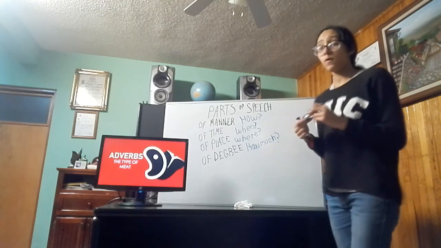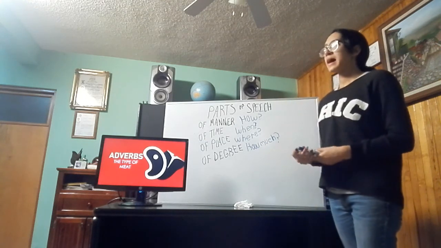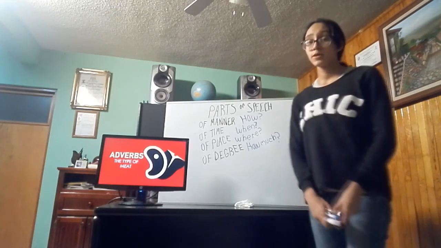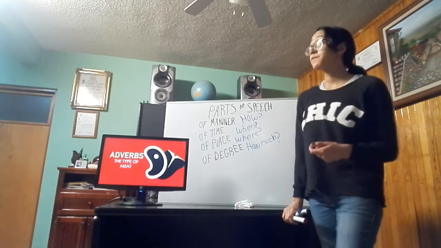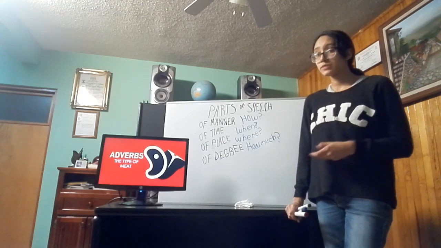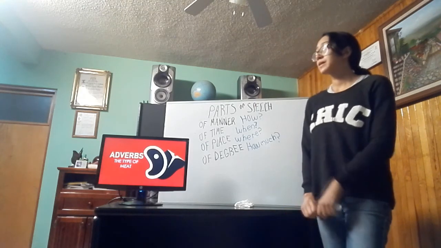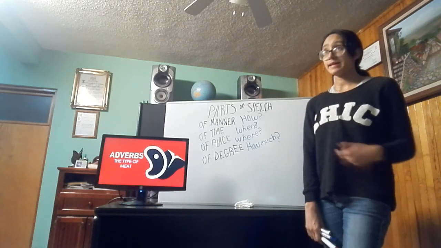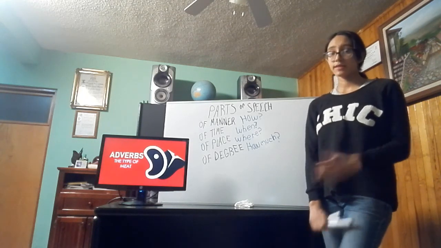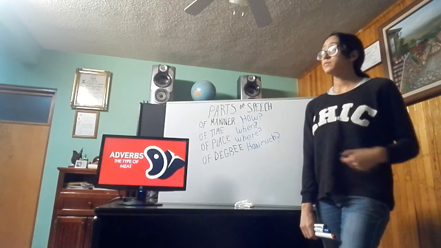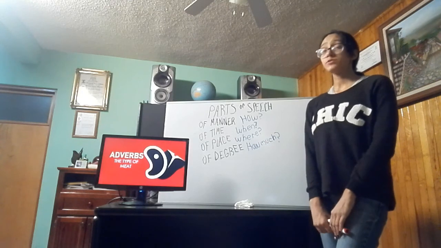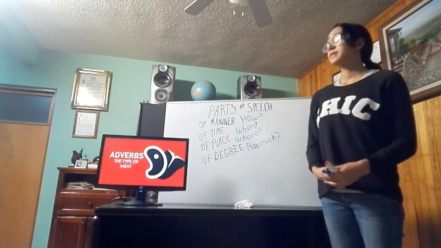The first one, manner, is describing how the action is done. When we talk about the adverbs of manner, we have to ask ourselves how. How is the action being performed? For example, it's different than saying just Annie danced. While it is a complete sentence, it seems like something is missing. We have to describe how she danced.